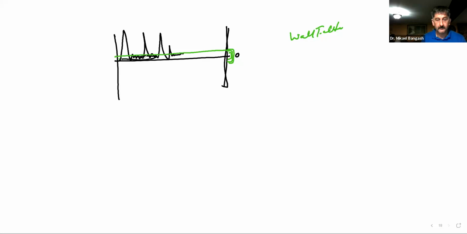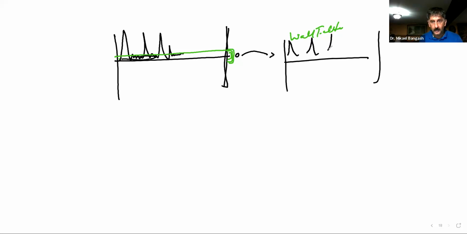all these frequencies here. So after introducing a wall filter, the spectral Doppler here will mainly show only the great Doppler shifts.